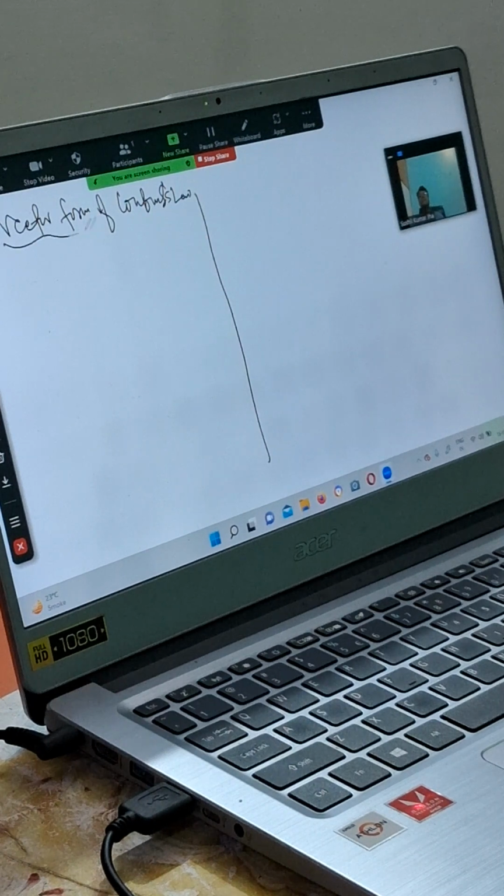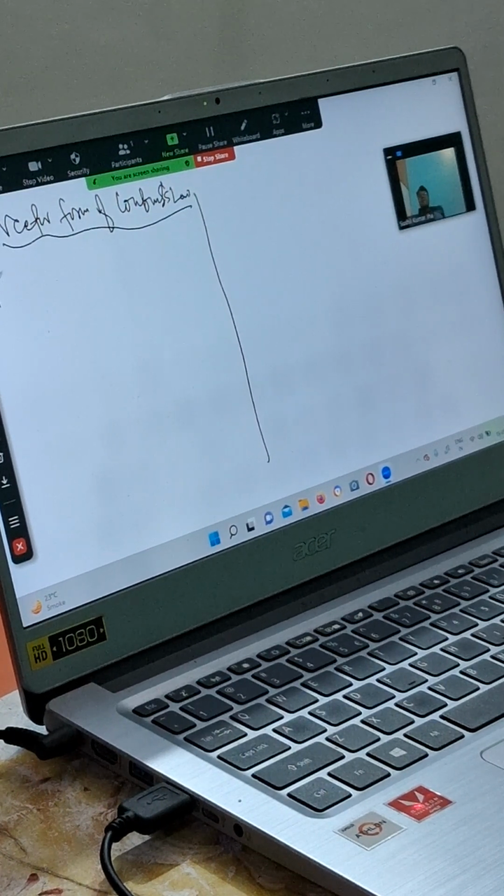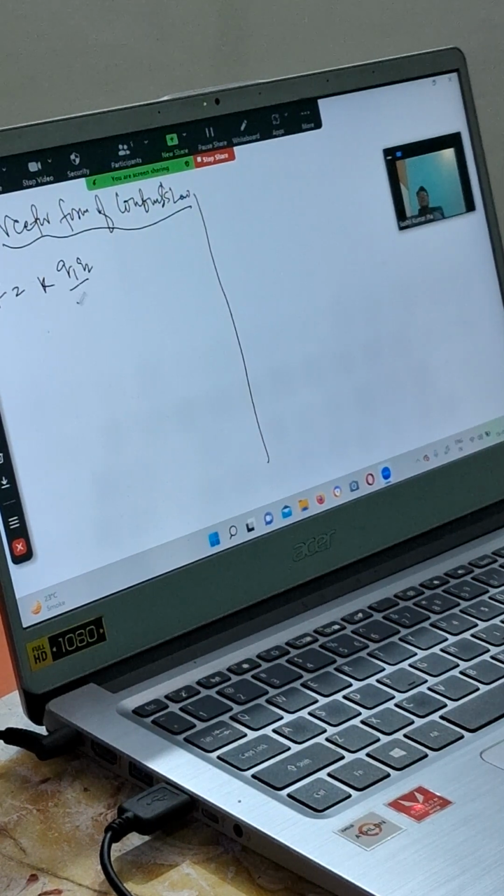When we talk about vector form, first write the original, like we write F as K Q1 Q2 upon R square. To make it vector, we do like this.